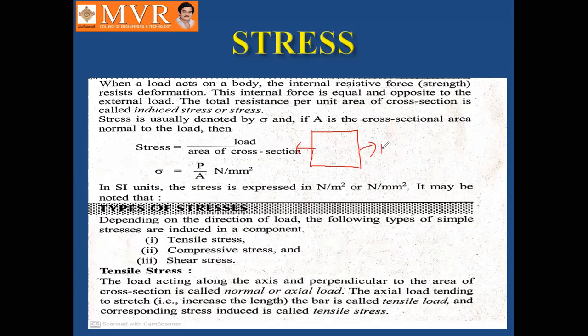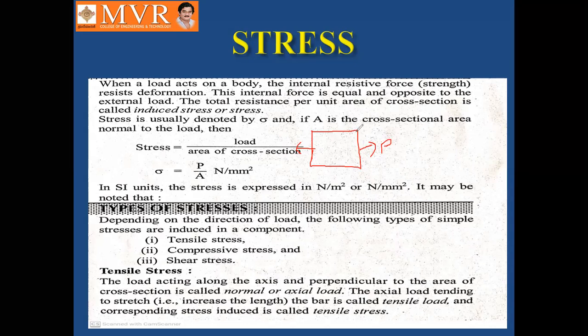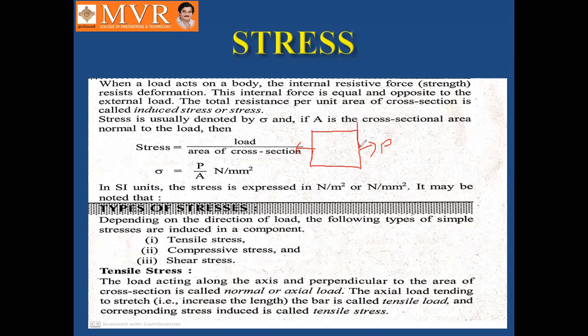While applying the load P at both ends, at a section at the complete edge of the beam, the stress distribution will be unequal. Why?